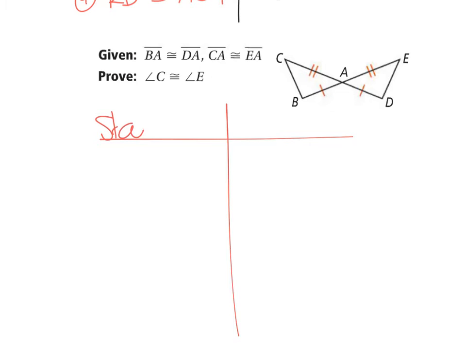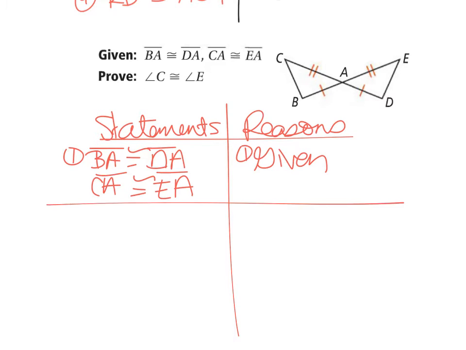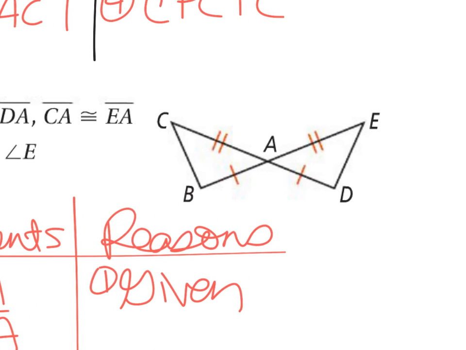Here we go. Statements. Reasons. Step 1, BA is congruent to DA, I can't write today, and CA is congruent to EA. Okay, so they told us, and they marked it, that those two sets of lines are congruent.